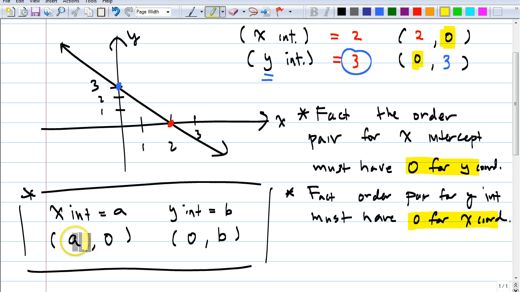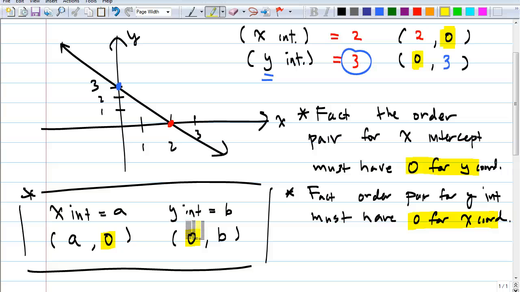Any question? Do you see how for the x-intercept the y has to be 0, and for the y-intercept x has to be 0? It has to look this way. Otherwise, it will not be on the y-axis or x-axis. Did we get this?